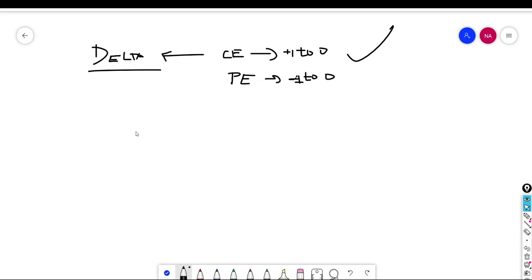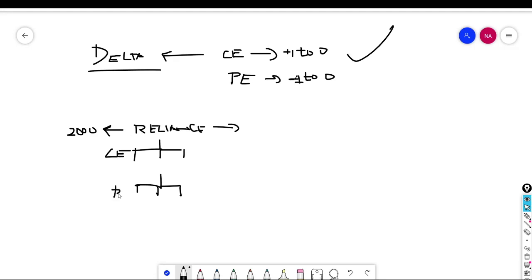Let's take a small example. Let's take an example of Reliance. Let's assume the Reliance stock price is trading at 2000. Now, what I told in the last video: if you are planning to buy either call or put, choose nearby three strike prices.